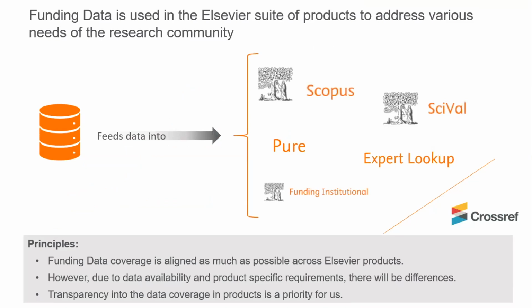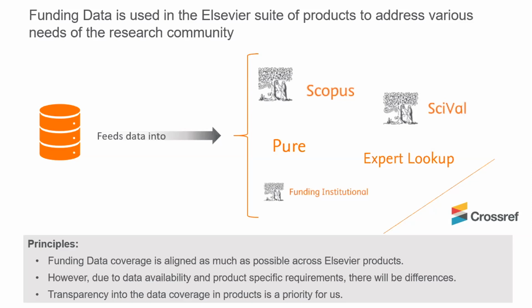We increased the number of funders available in Pure, the CRIS system, and we'll continue to iterate on this. And when it comes to the usage of funding data, be it opportunities or awarded grants, our aim is to have the data coverage as aligned as possible across all Elsevier products, at least.